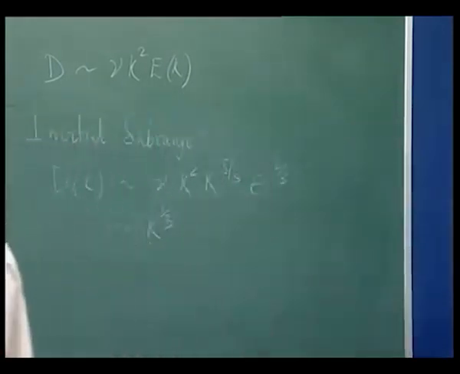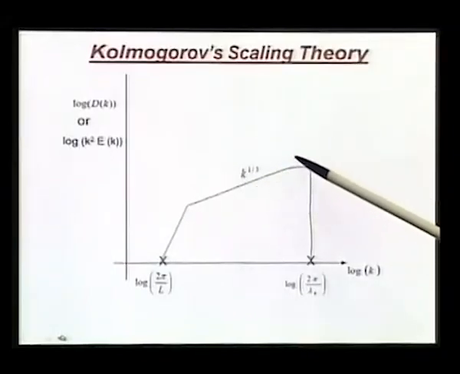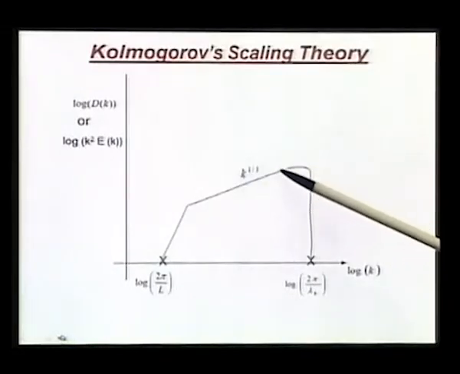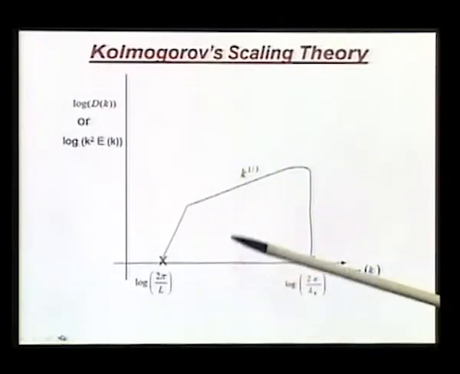So, that is what you are seeing here. In the inertial sub range, it goes as k to the power 1/3, and at the low k range, that we have already seen. We have said that that is the place where viscosity is not important.